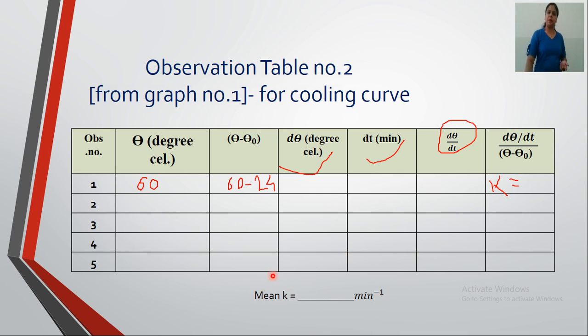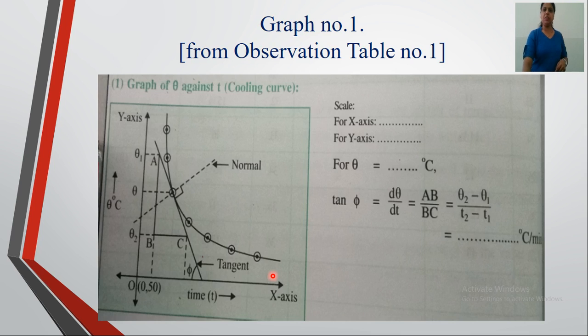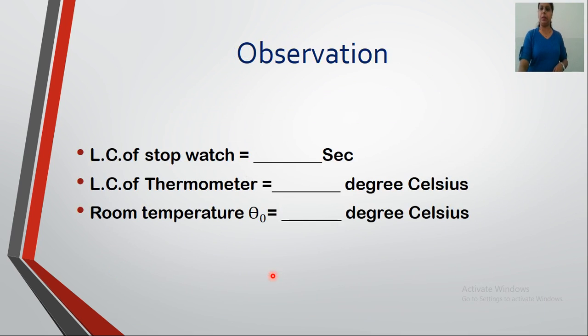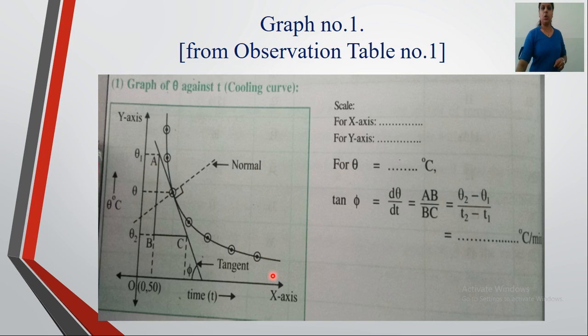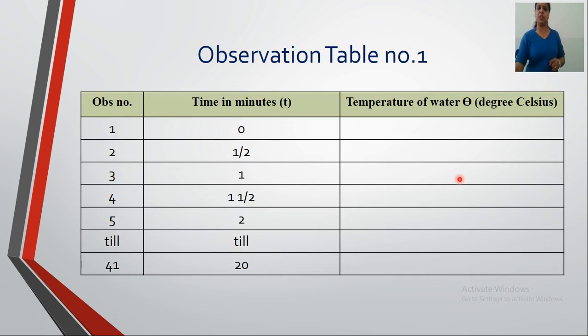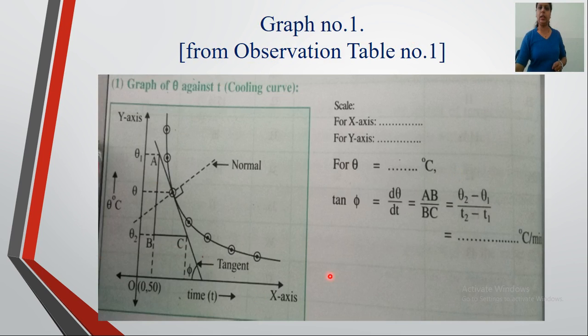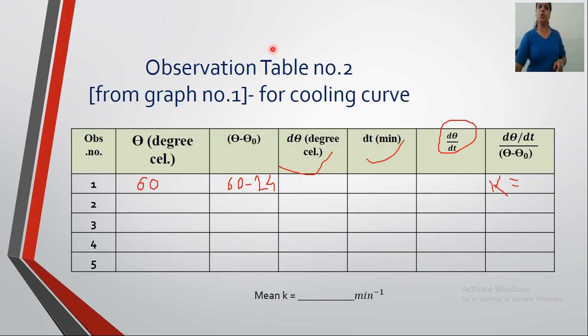Once you are done with finding the slope, after that you will take observation table number 2. Firstly we perform this experiment for observation table number 1, and observation table number 2 we will get from graph 1. So once you are done with observation table number 1, you will plot the graph first, and after plotting graph number 1 you will get observation table number 2.